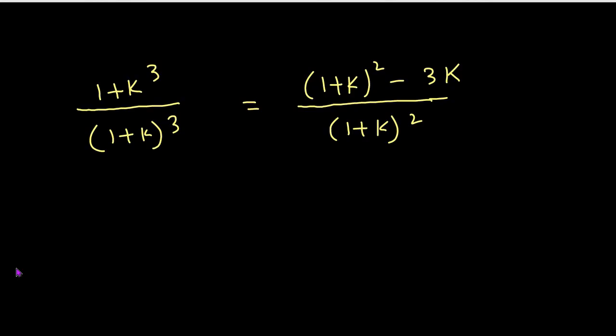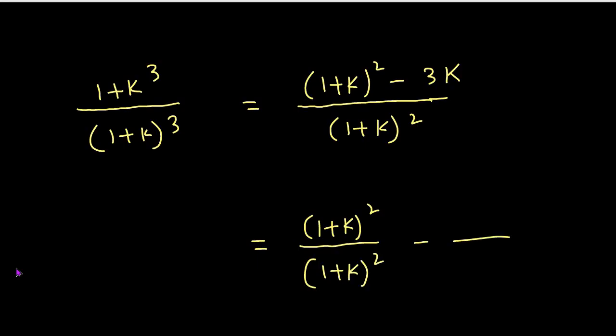Now, if we separate the values, we can write (1 + k)²/(1 + k)² − 3k/(1 + k)².